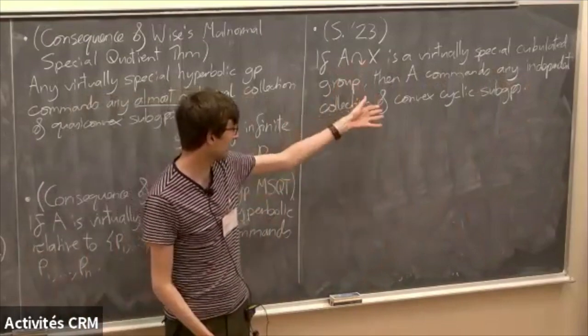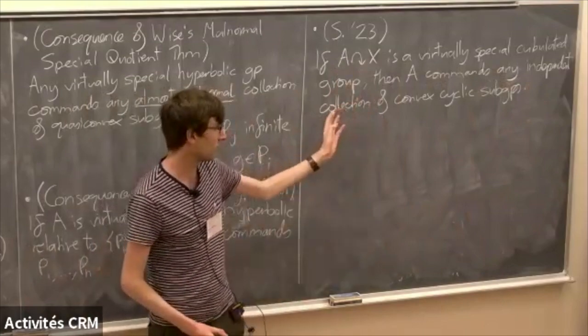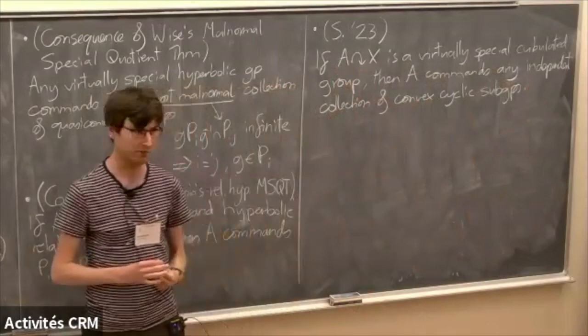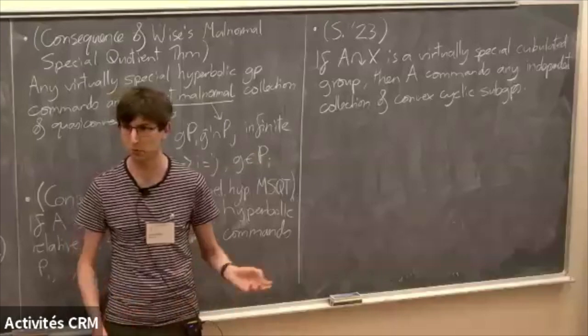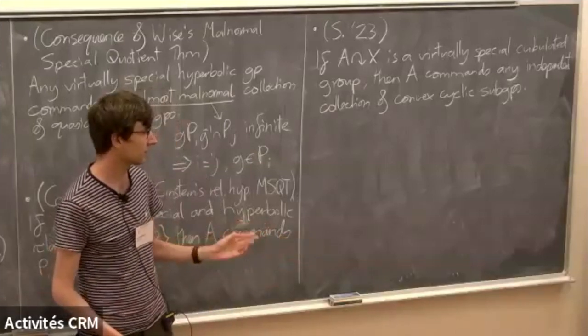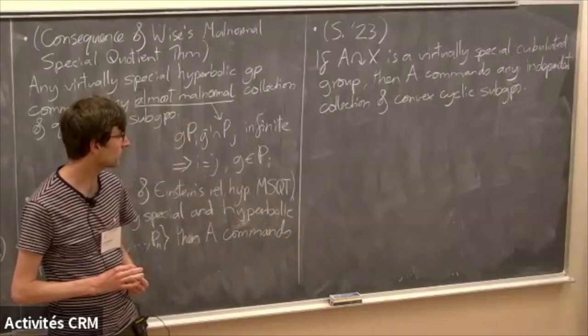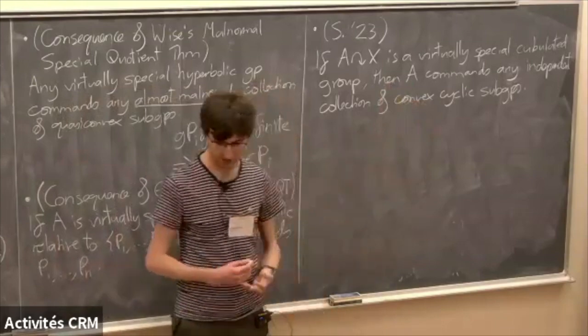So as you can see, this is very similar to omnipotence. The only difference is we require the subgroups to be convex, meaning that each subgroup stabilizes a convex subcomplex of X with compact quotient. And this assumption really is necessary.